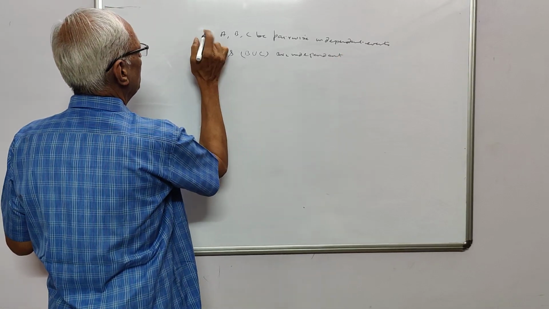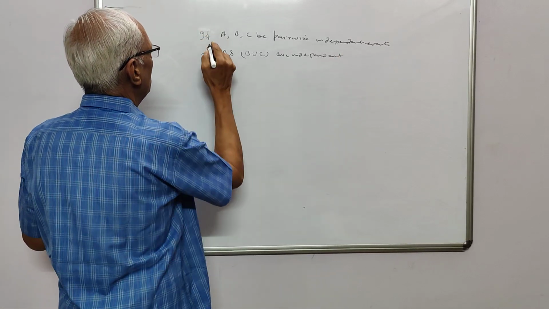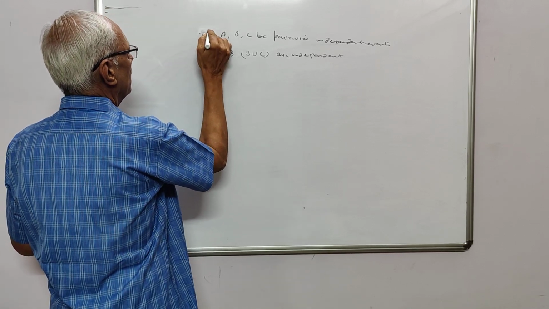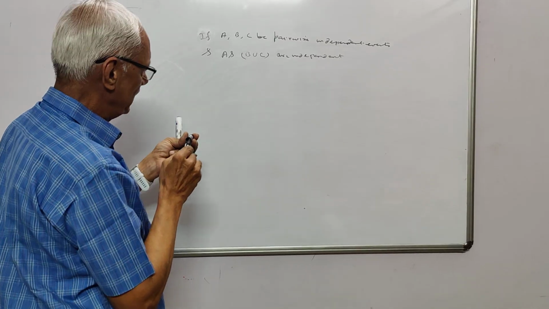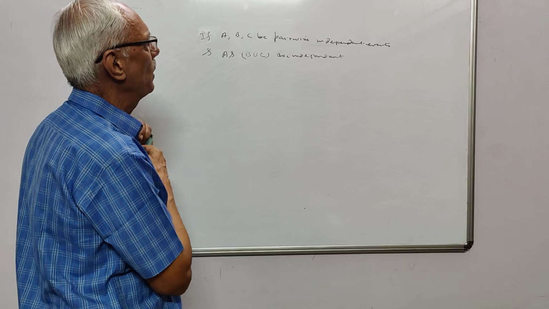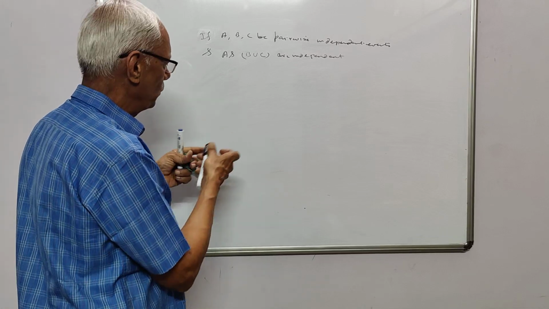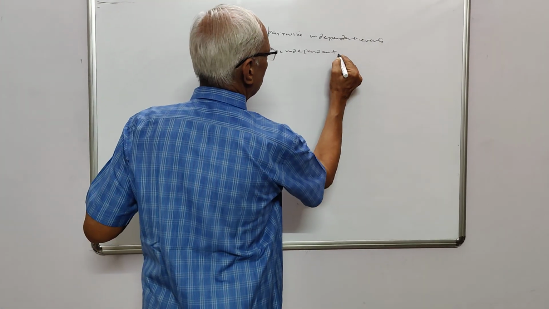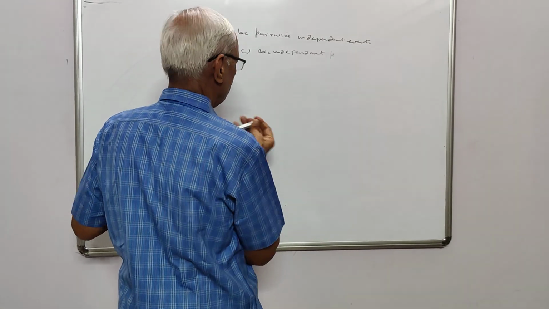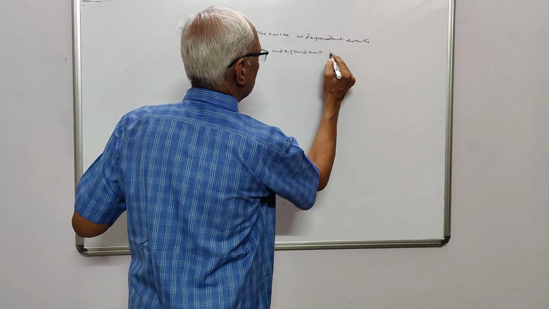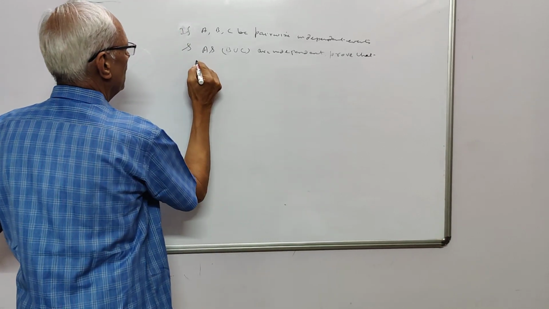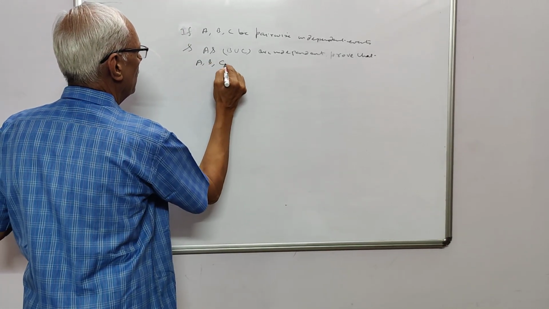If A, B, C are pairwise independent events, A and B union C are independent events, prove that A, B, C are independent.